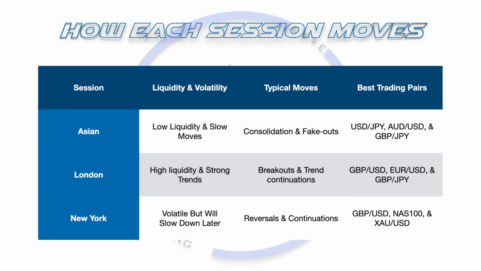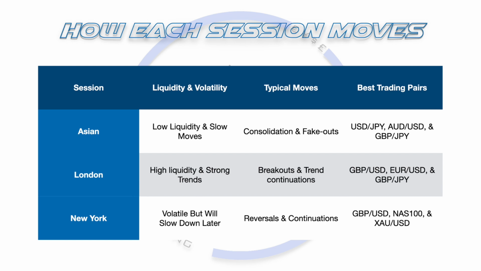And now we get to the New York session. The New York session is the second most active session in the entire market, with huge liquidity and sharp reversals. This is when most retail traders enter the market, causing erratic movements.